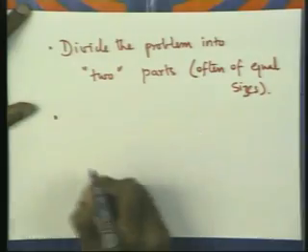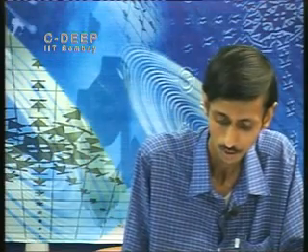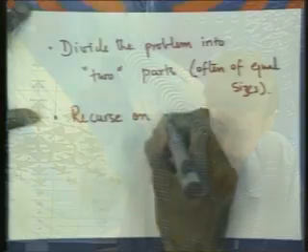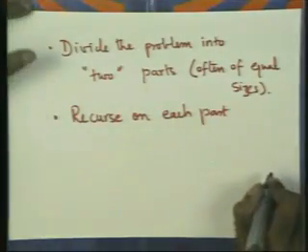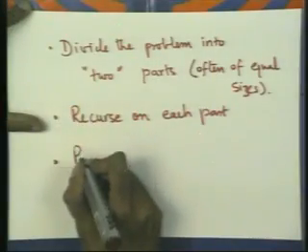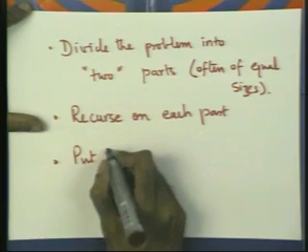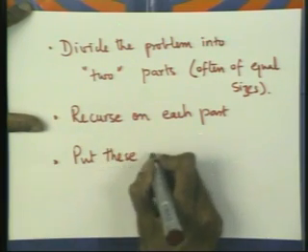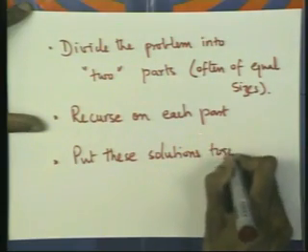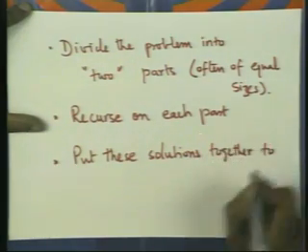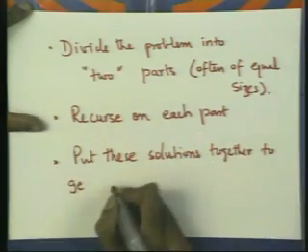The next step is to recurse on each part and solve each of them, both the parts if there are 2. And the final step is to put these solutions together to get a solution for the original problem.